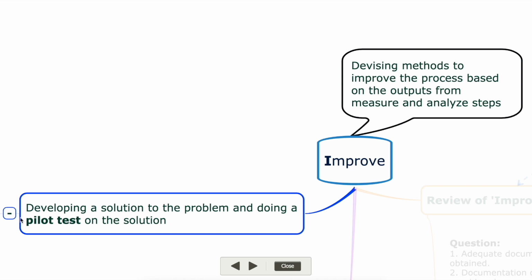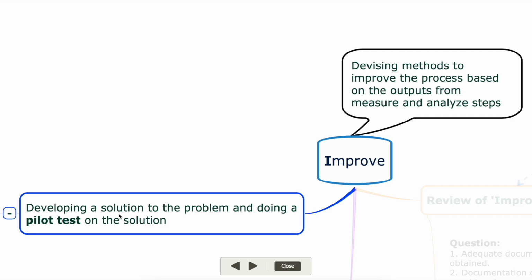And we have to perform a pilot test on the solution that we are going to devise. That means once we have devised a method, we have to perform a pilot test in order to ensure that the solution we came up with is really working.